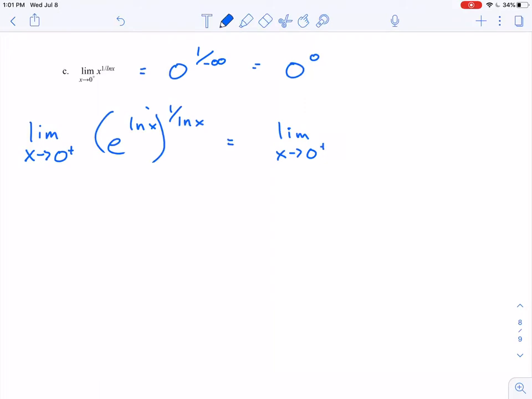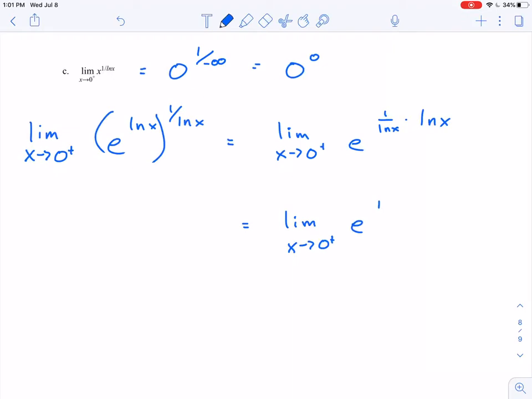Simplifying this, because I have a power raised to a power, here e to the 1 over natural log of x times natural log of x. Well, look at that. They're just going to cancel each other out. I have the limit as x approaches 0 from the right-hand side of e to the first power.